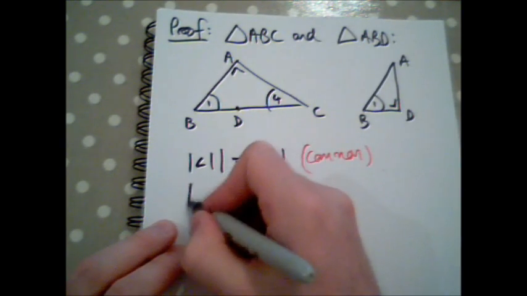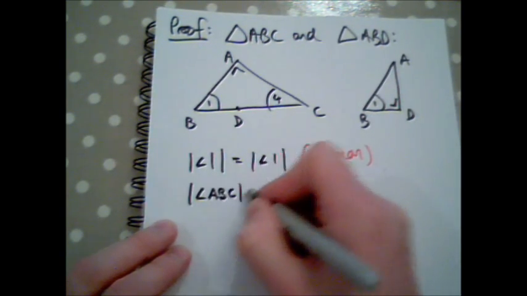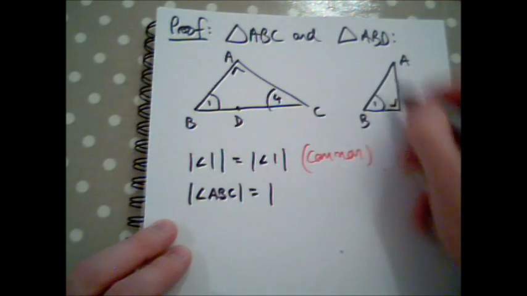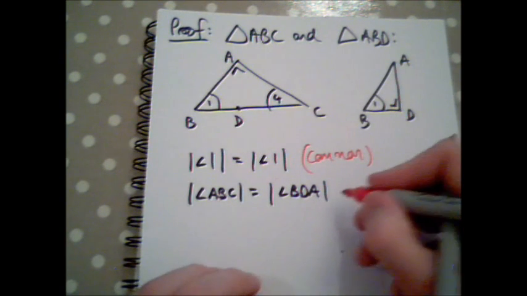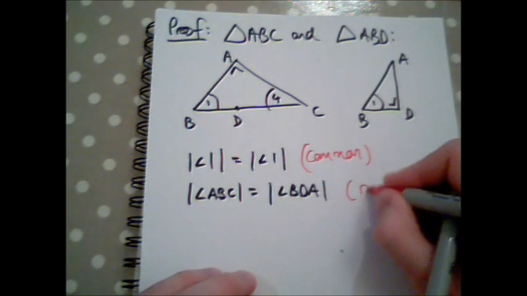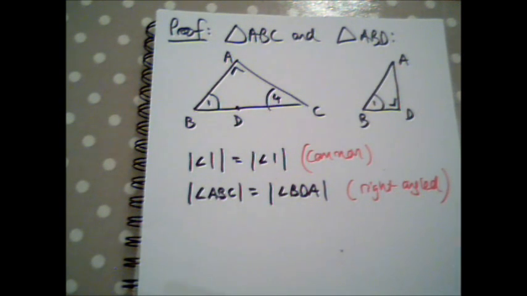The angle ABC is equal to the angle BDA, because it's right angled. In one of them it was given, in the other one it was by construction.